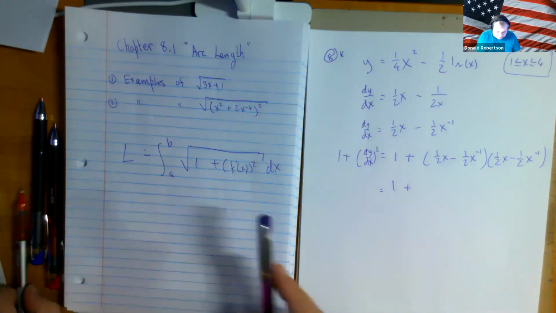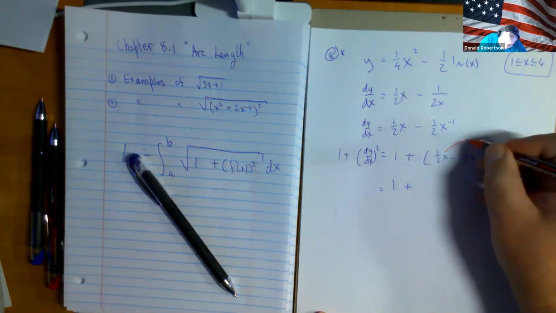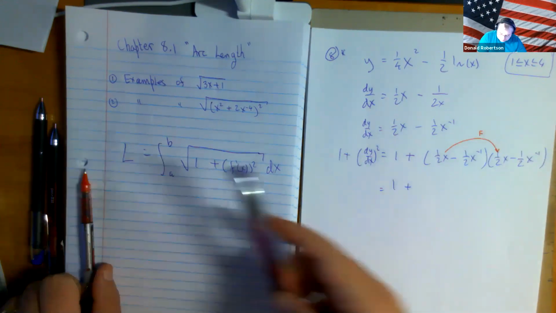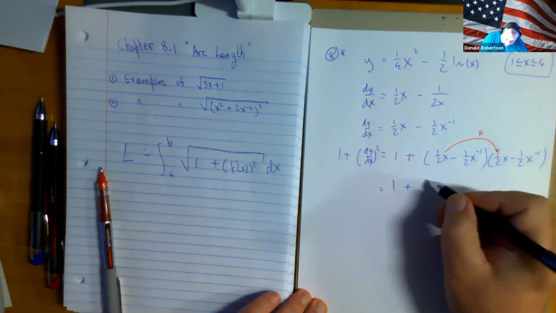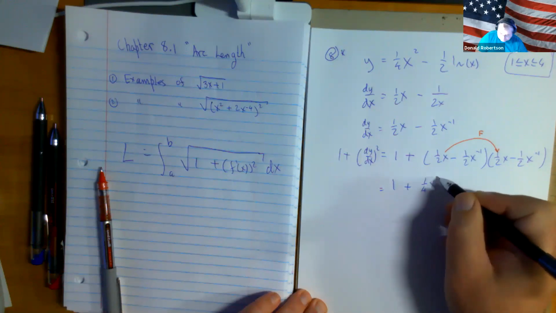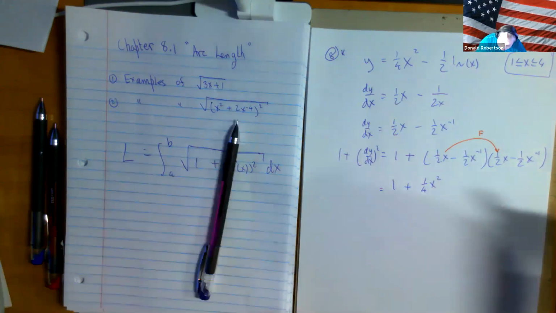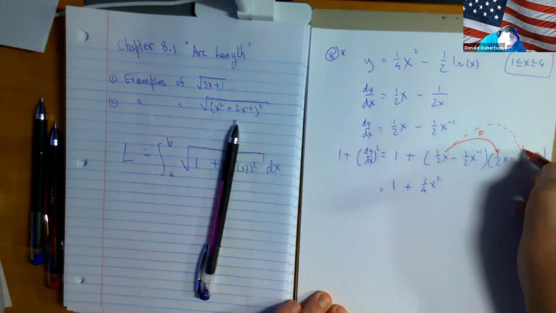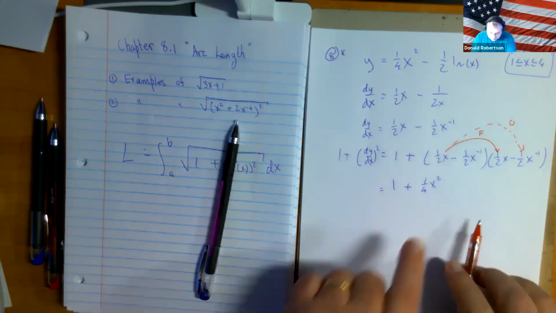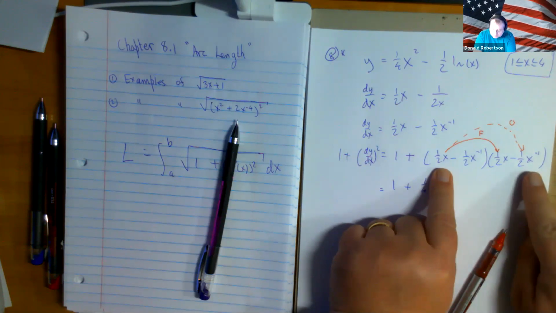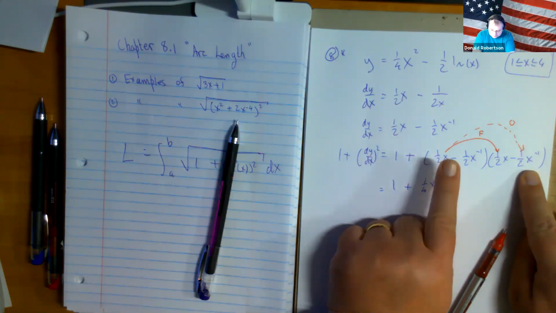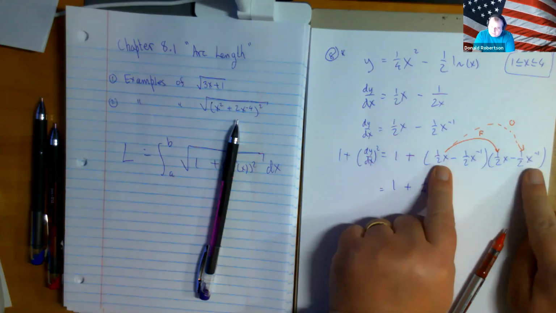Right, here it goes. The first two is a 1/2 x times another 1/2 x, gets you 1/4 x squared. Okay, here's the weird one. 1/2 x multiplied by -1/2 x to the -1. What's that guy and that guy going to give you when you put them together?